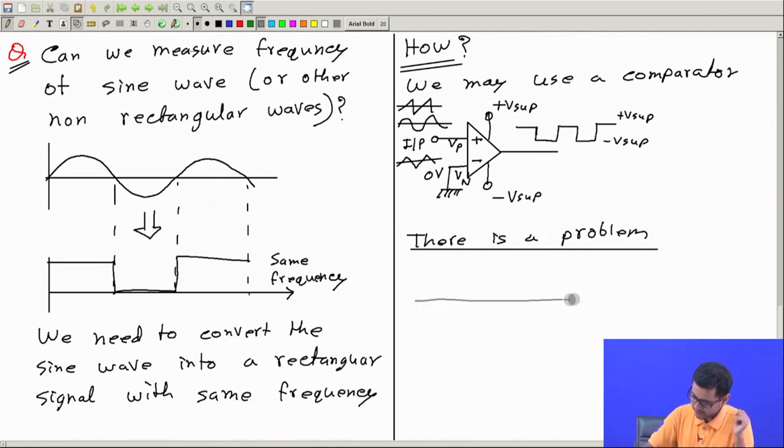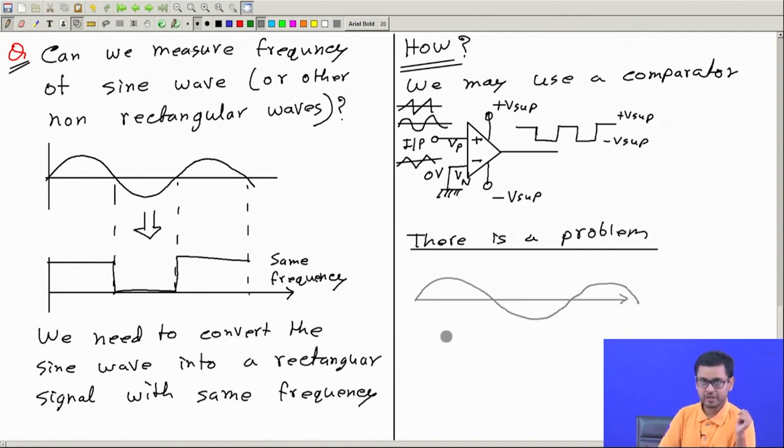Say this is our sine wave. This is a perfect sine wave, although my drawing is not perfect. But now say there is some small noise which is added to the signal, making it like this.